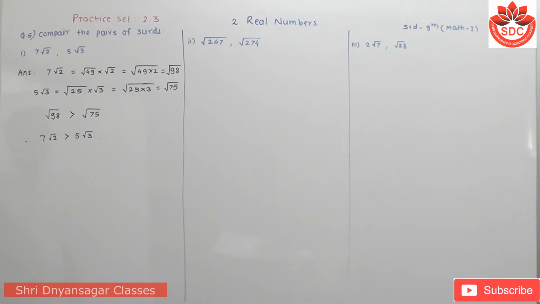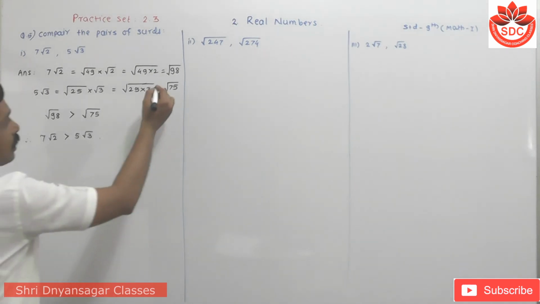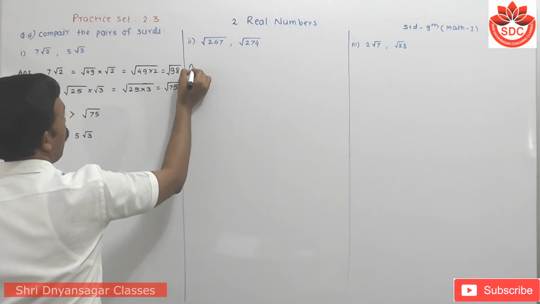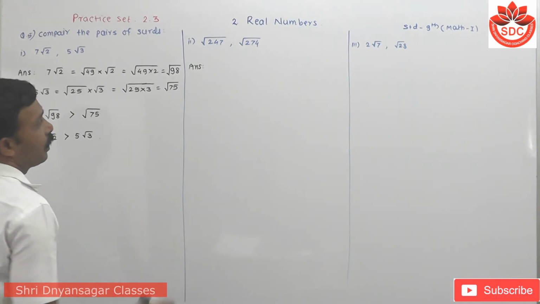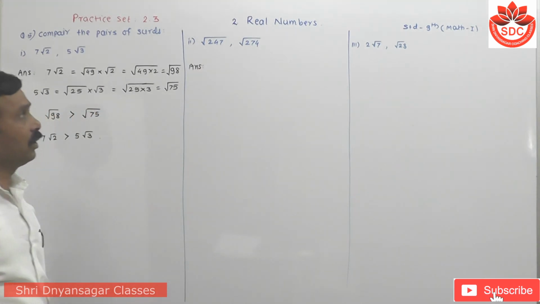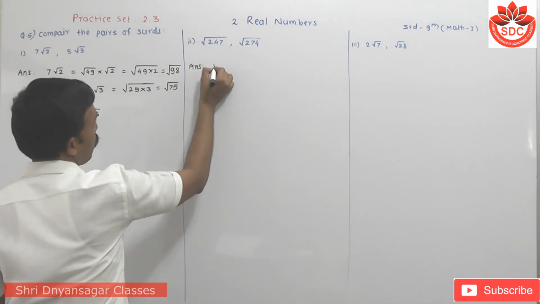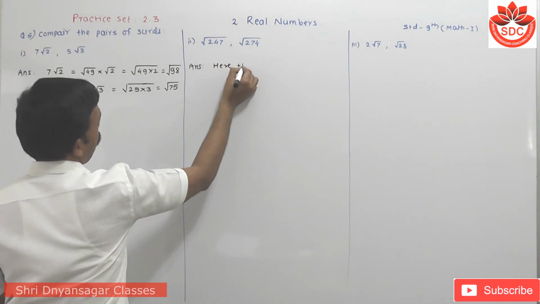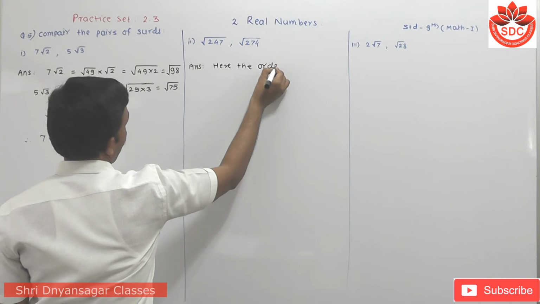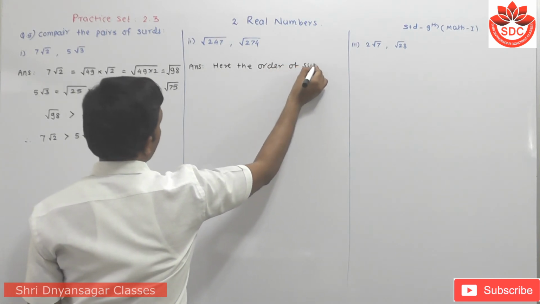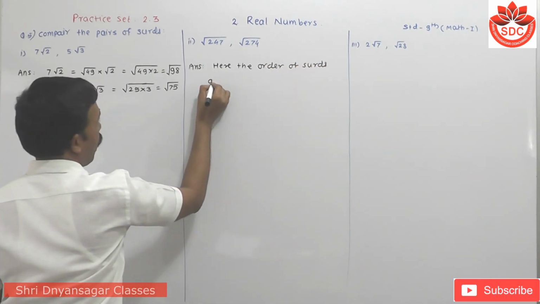Can you understand this? Okay, we take the next one. The answer of the second one is, here the order of these two surds is the same. Here the order of surds are equal.